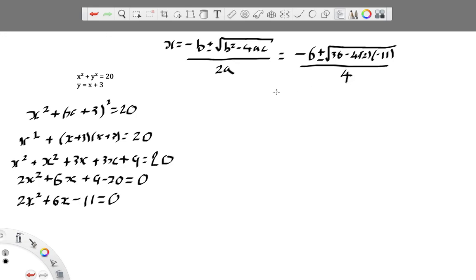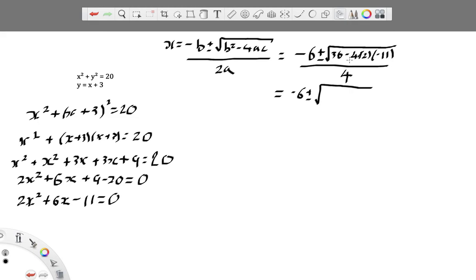Okay, sorting out our square root. So we'll have minus 6 plus or minus the square root of 36 minus 4 times 2 times minus 11. So I'm just going to punch this in on the calculator. So make sure that you type this in right, because if you type it in wrong, we'll have 36 minus 88, and then we're going to have a negative square root, which we can't have.